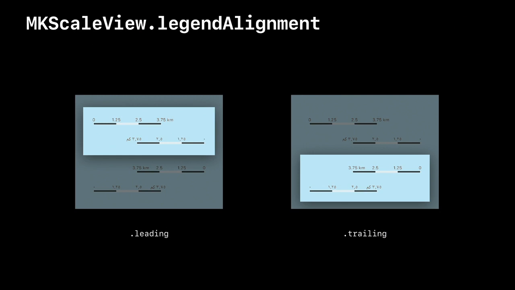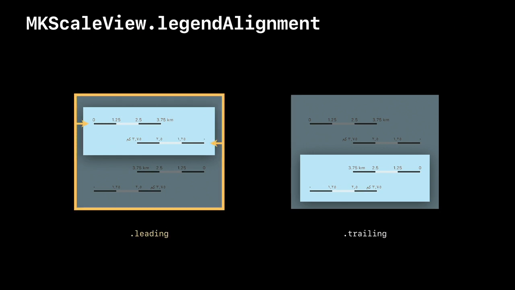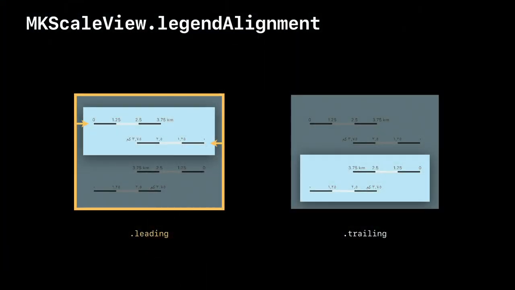The default is leading, which means that we will fit the 0 point of the legend to the leading edge. And the upper bound of the legend is flexible and will move as the users zoom in and out. And the leading edge for, in this example, British English would be the left-hand side, and for Arabic, in this example, is always the right-hand side.